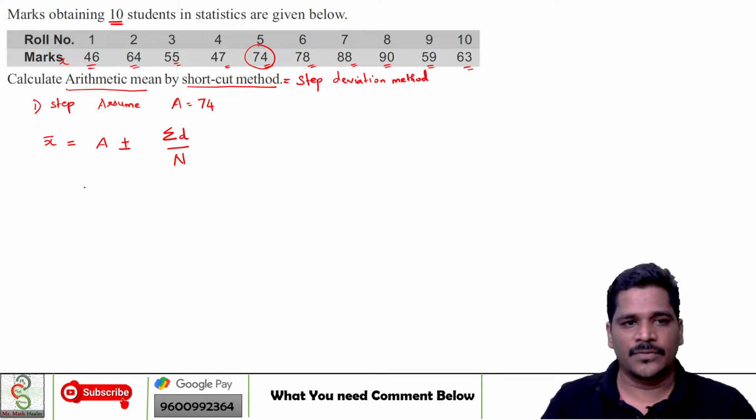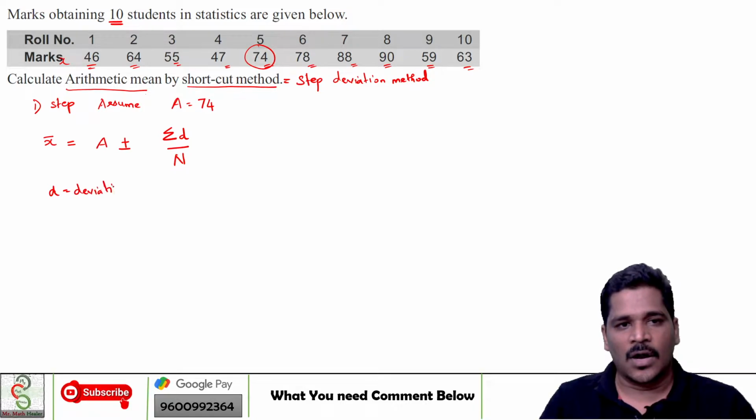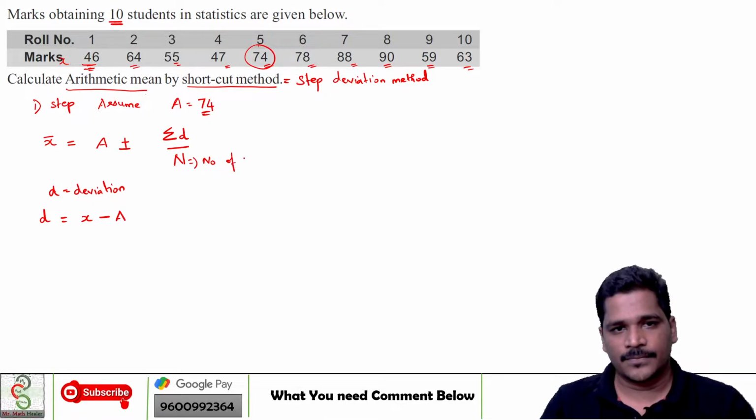What is meant by d? d is deviation, which means how far the x value deviates from the assumed value. Simply we can take it as d is equal to x minus a. By adding up all those deviations, we get the summation of d, and n means the total number of students.